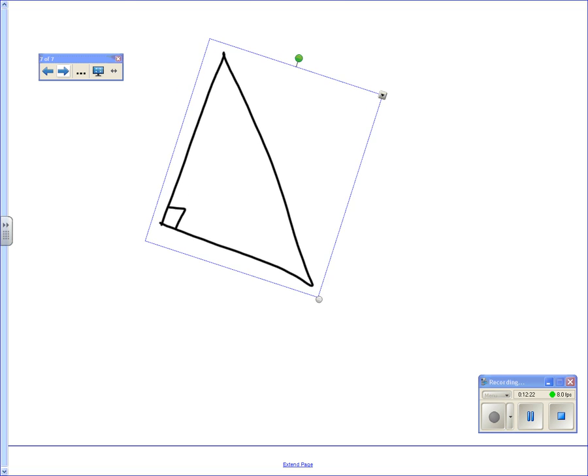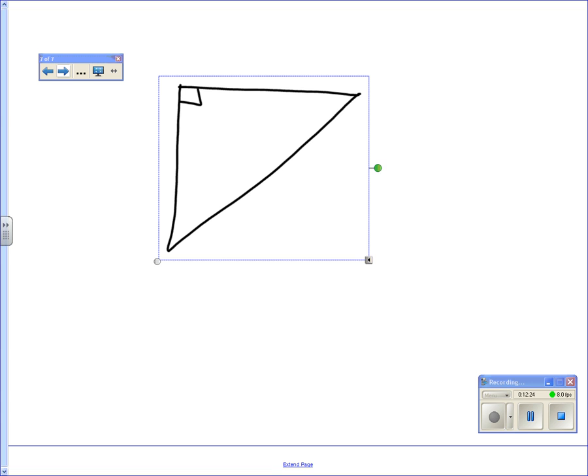Okay, let's do one more. You have to learn this, so I want to make sure you understand where they go.